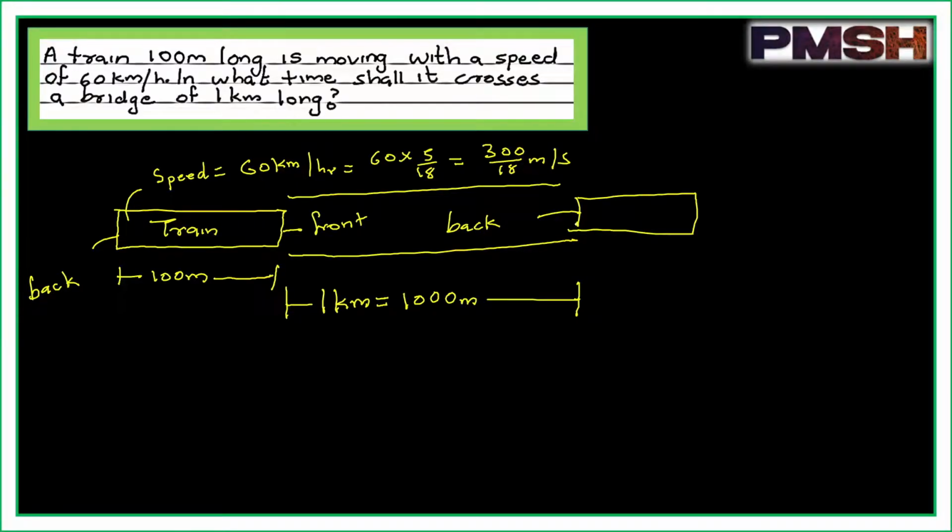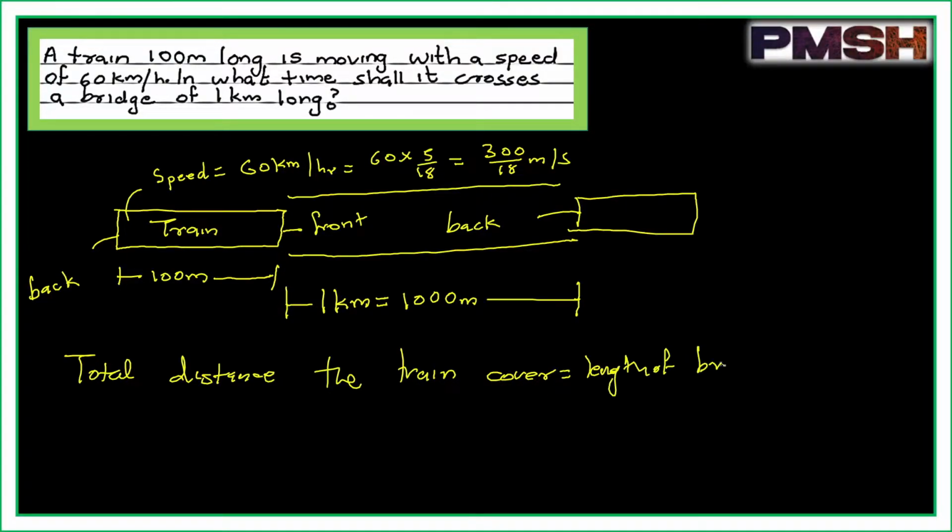So what should be the total distance the train should cover? The total distance the train covers will be equal to length of bridge plus length of train, isn't it?